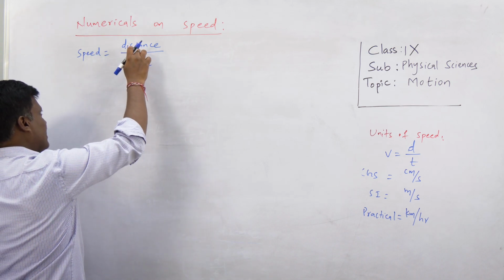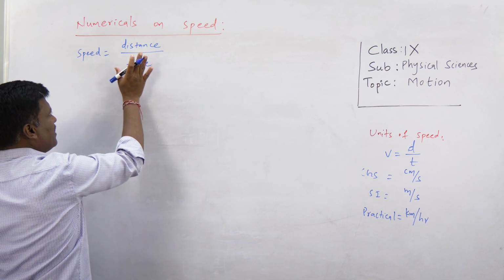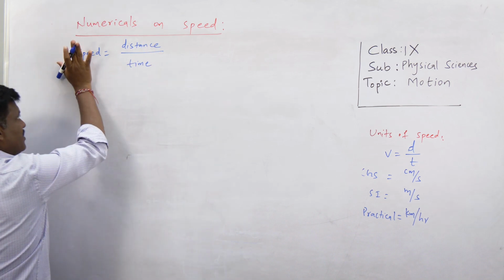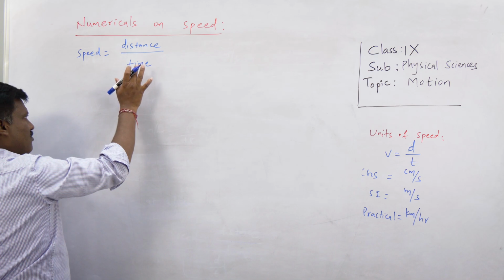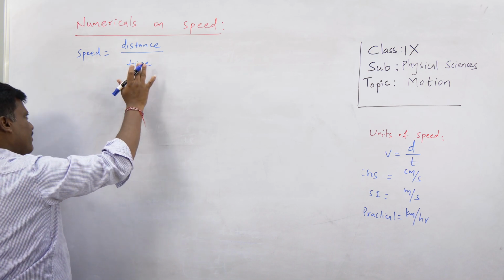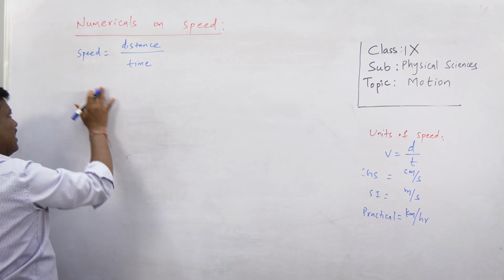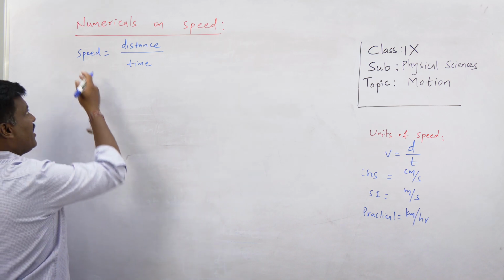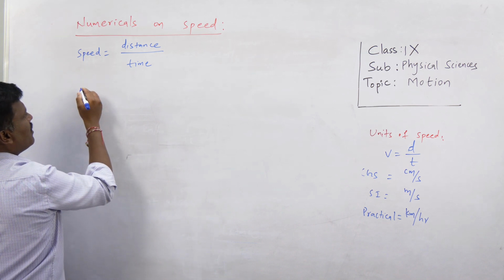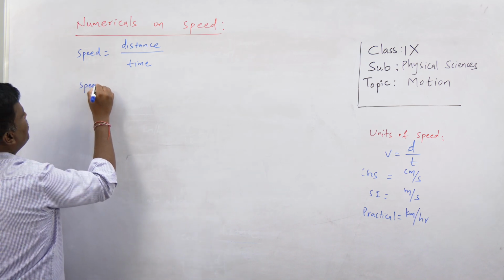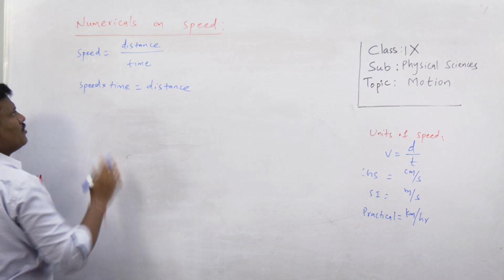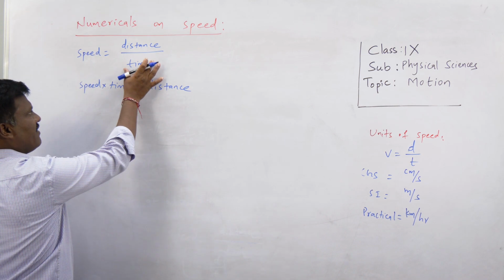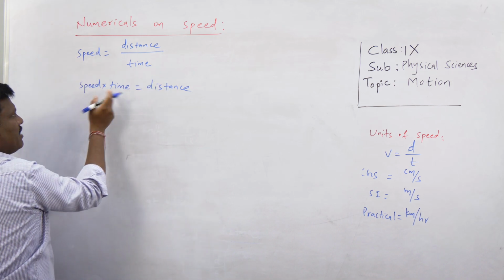If they ask you to find the distance, you have to bring the time from RHS to LHS. Time is dividing the distance here. The quantity which is dividing on the RHS, if you transpose it from RHS to LHS, becomes a multiplier of the other quantity. Then speed into time is equal to distance. So distance is equal to speed into time. It is dividing, and if you transpose it here, it multiplies.